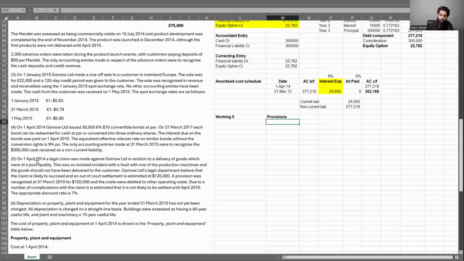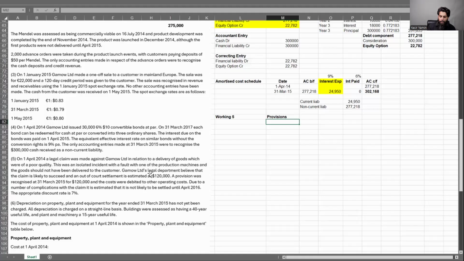So on the first date of the year, we were exposed to a legal claim due to provision of poor quality goods. This was an isolated incident with a fault with one of the production machines, and the goods should not have been delivered to the customer. Although they were, but this was a fault and we accepted.